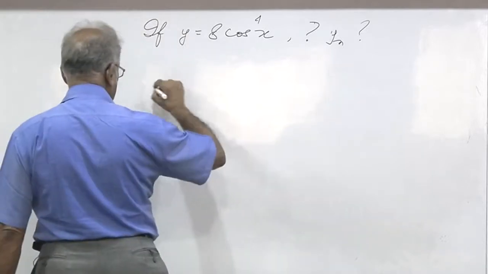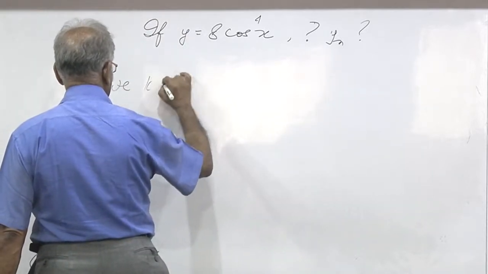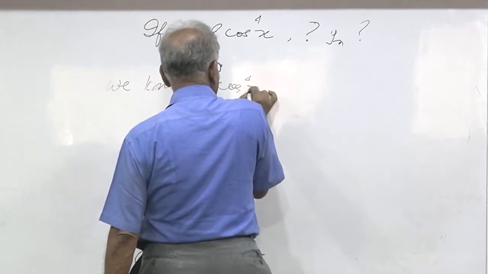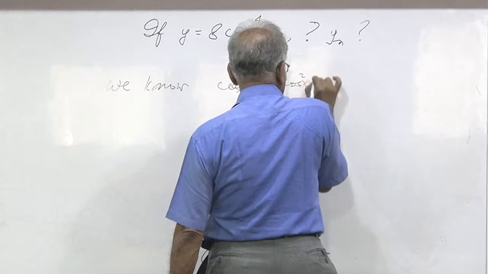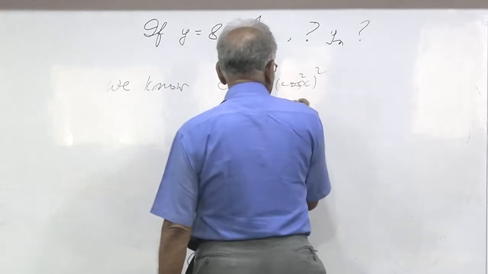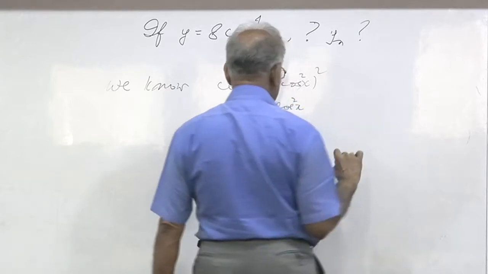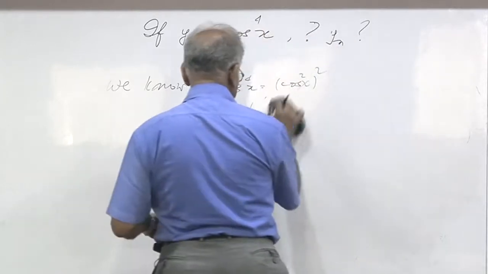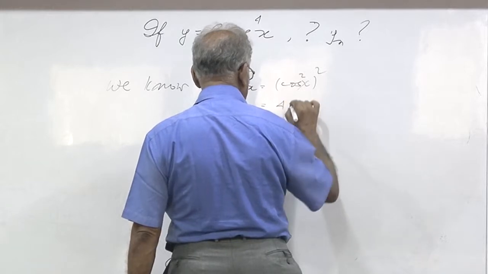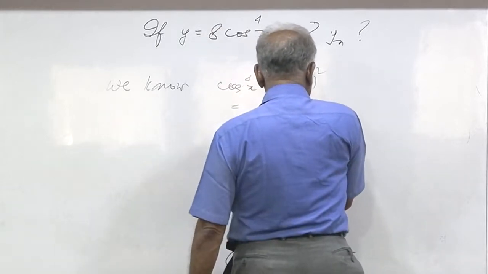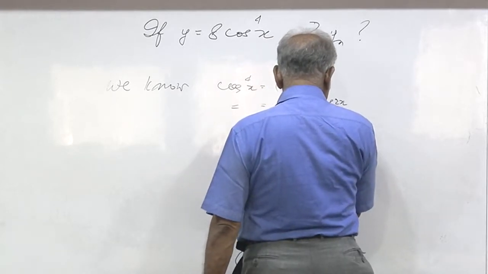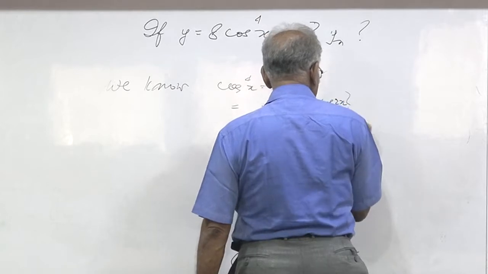Now, we know cos 4x is nothing but cos square x whole square, that is cos square x whole square is 1 plus cos 2x over 2 whole square.